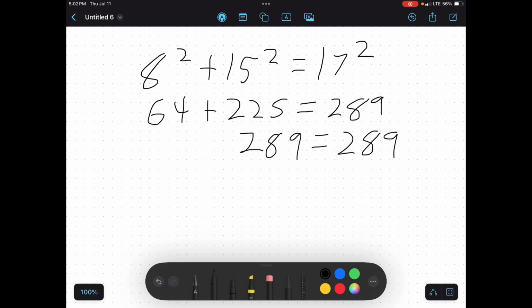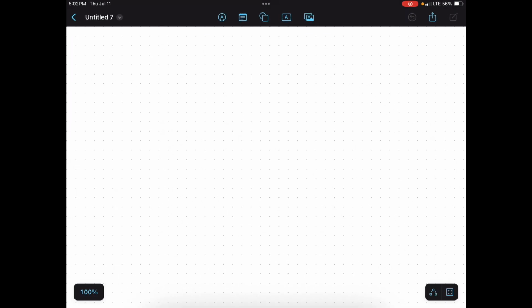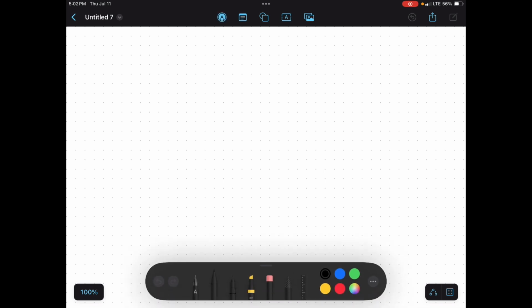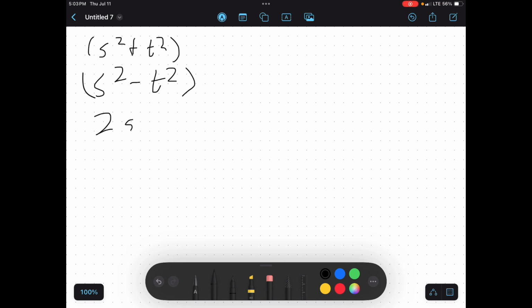Well, here's where we get a little bit heavier with how we look at things. So I told you that the three values are s squared plus t squared, and we also have s squared minus t squared, and we have 2st. Now this top one, that's always going to be the biggest value.